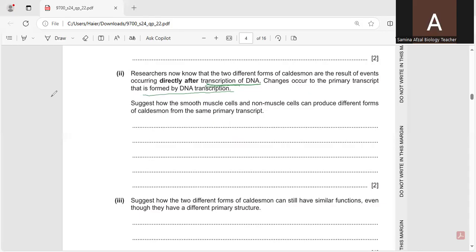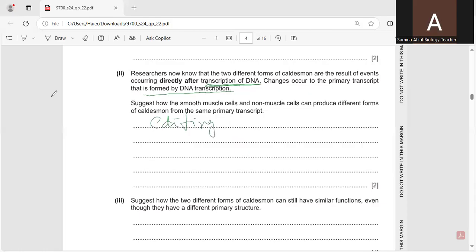Actually, this process takes place by the editing of the RNA molecule, and due to this editing, it can produce different proteins from the same primary transcript in different cells. So alternative splicing creates multiple messenger RNA variants which translate into diverse proteins, and RNA editing alters the RNA sequence to affect protein outcome. So in this way, different types of editing of RNA can happen.